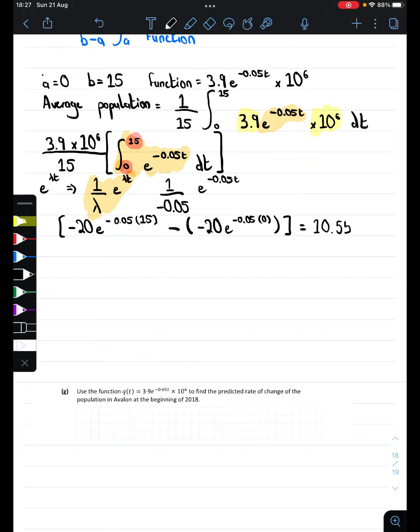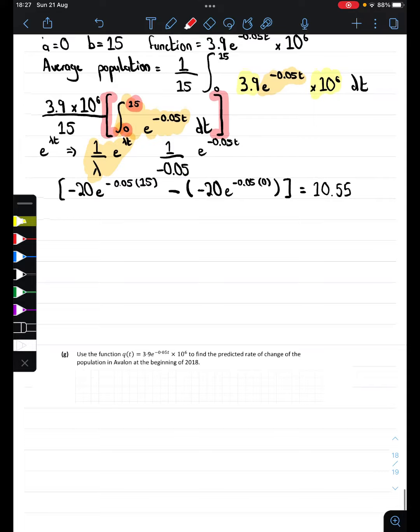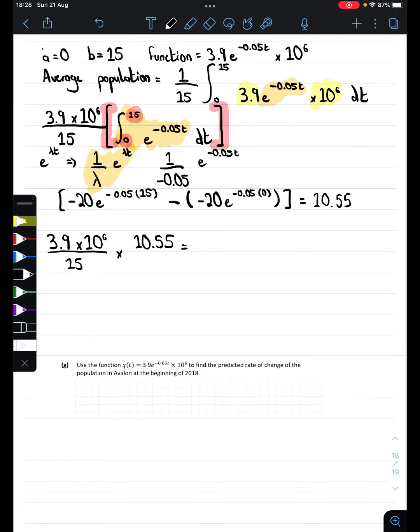Okay, so everything inside of the square brackets here is 10.55, and then we just reintroduce our constants, so we get the whole thing is just 3.9 by 10 to the power of 6 over 15 by 10.55 equals about 2,743,000.